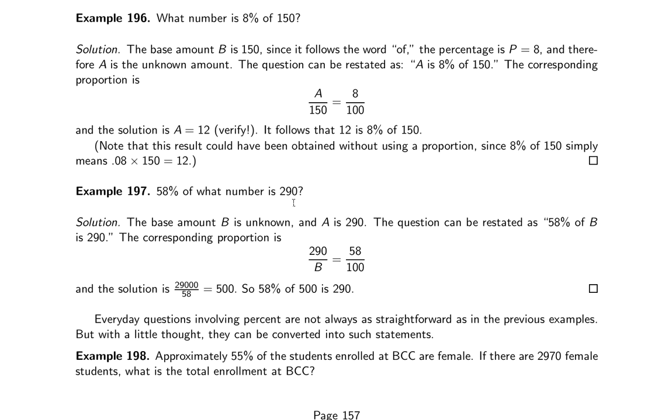We've got the 290 at the end, but 290 is really the a. We're looking for the b in this case. Again, the b is following the of. Usually we write this as 290 is 58% of the b.